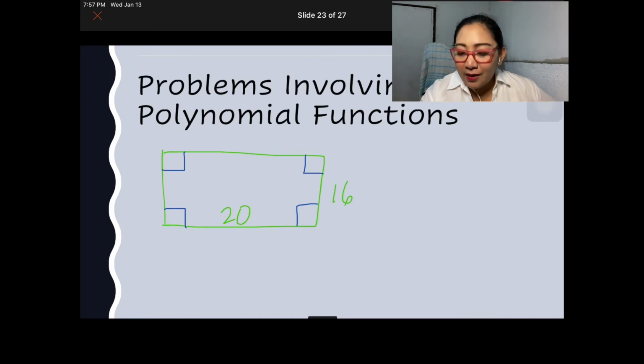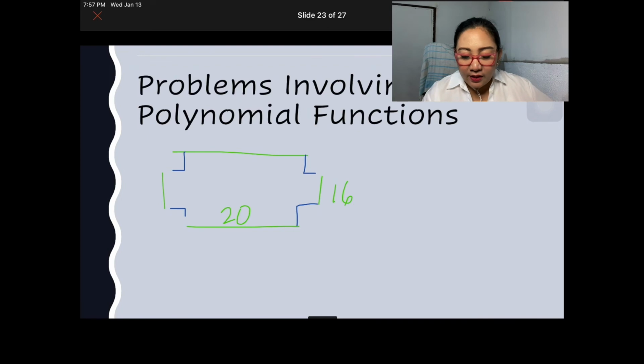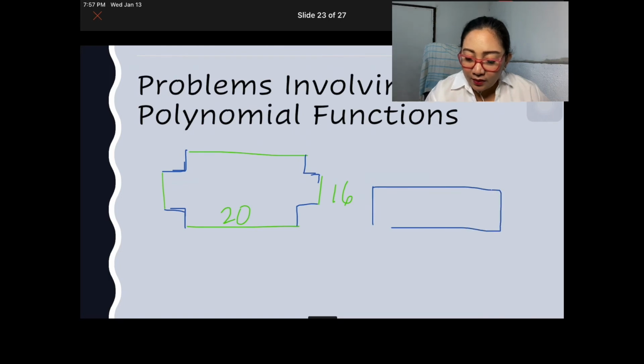Bakit? Ano bang mangyayari kapag nag-cut tayo ng squares? Okay? So, magmumukha siyang ganito. Okay? Pag nagmukha siyang ganyan, ang gagawin natin ay i-fold natin yung mga flaps na yan para bumuo tayo ng isang open box.